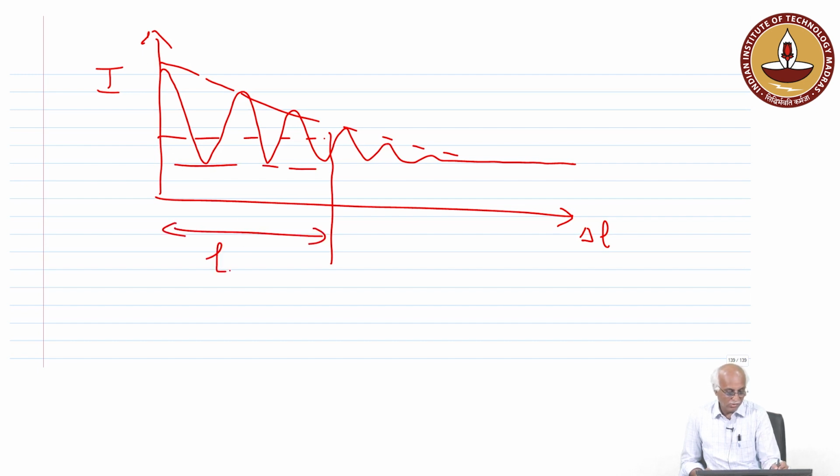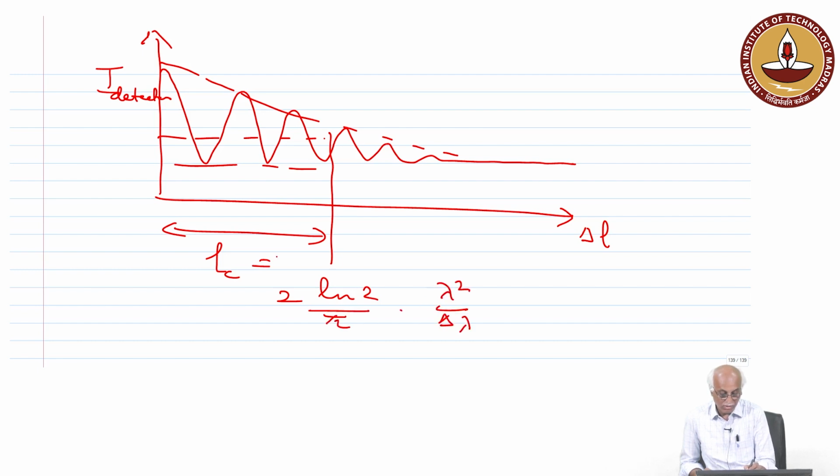This coherence length, if the light source has a spectral characteristic that is Gaussian in nature, is 2 log of 2 divided by pi into lambda square by delta lambda.